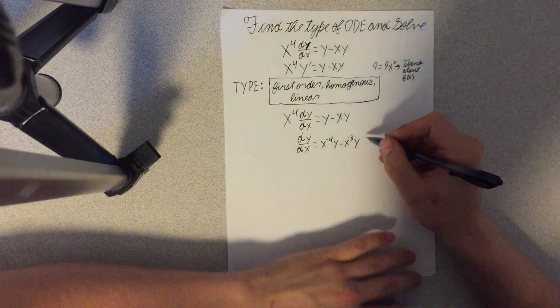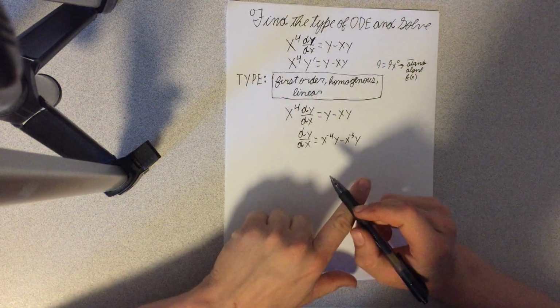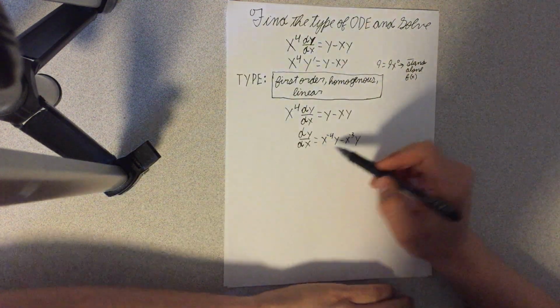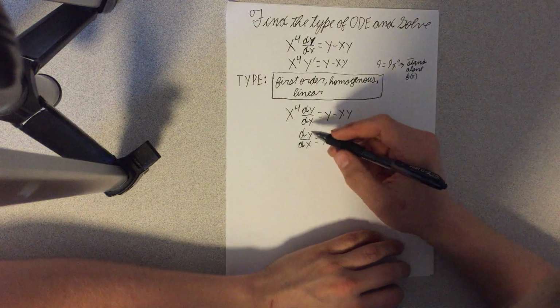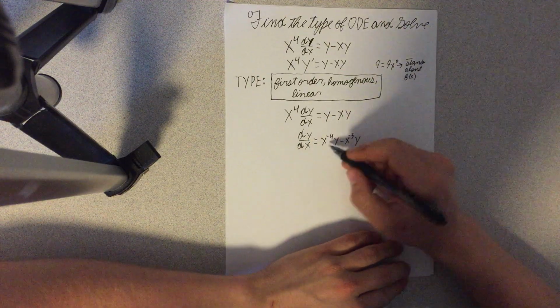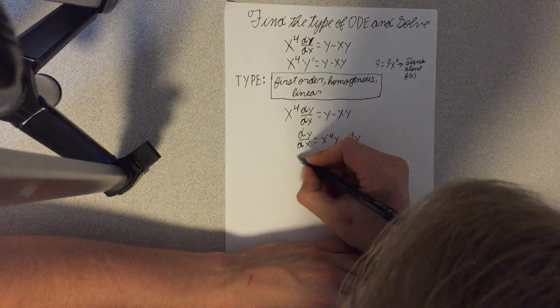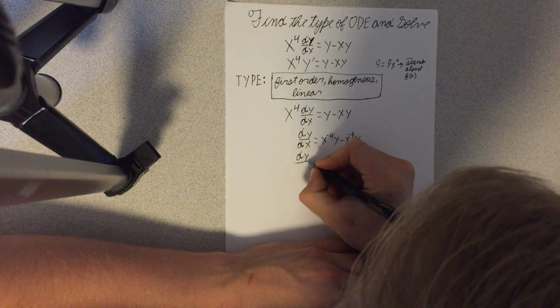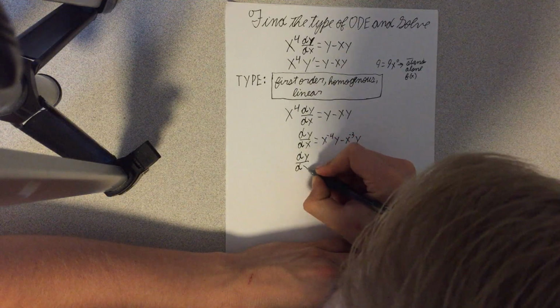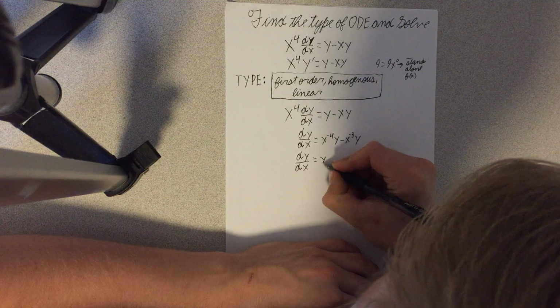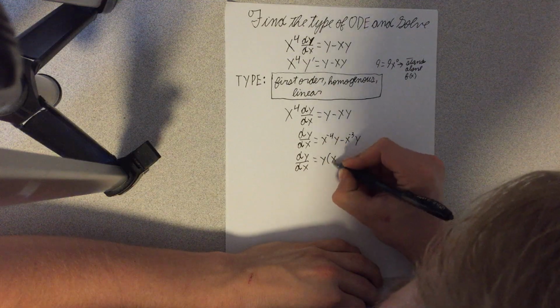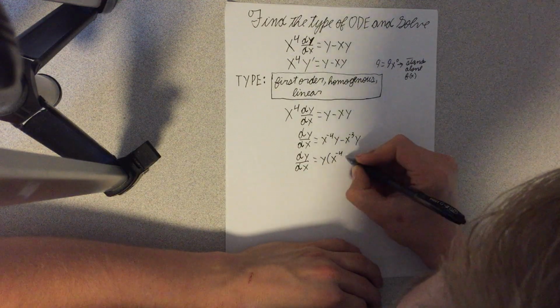From here, we're going to try to separate the x's and the y's, so we're going to need to get our y's back over here and our dx over here. For now, I'm just going to simplify this so we can understand how to do that easy, bring our y's out where we can see how to get them out of there.